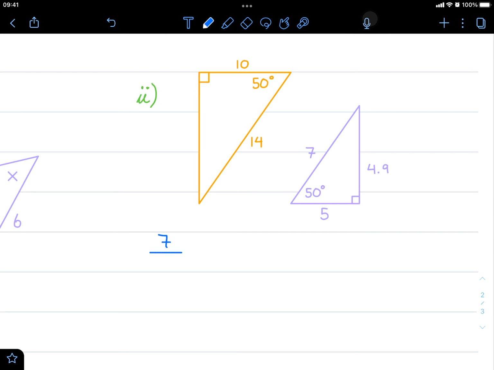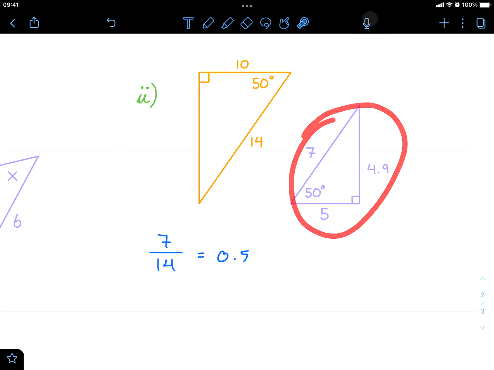So 7 over 14. So 7 over 14 gives us 0.5. So that means the purple is 0.5 times the size of the orange. Another way you can say it is that purple is half the size of the orange triangle.